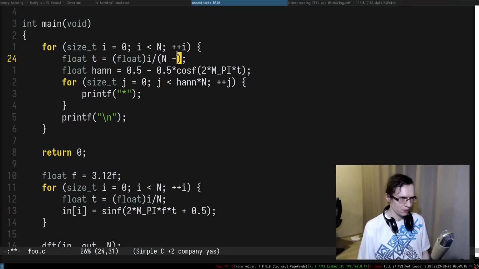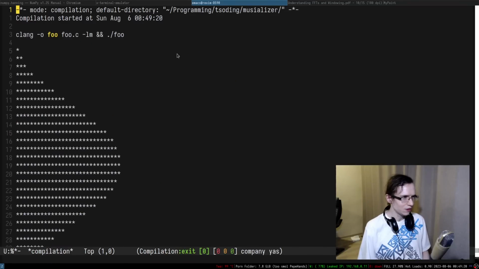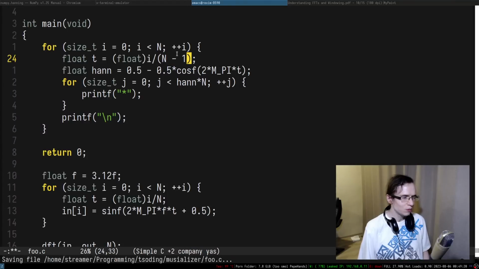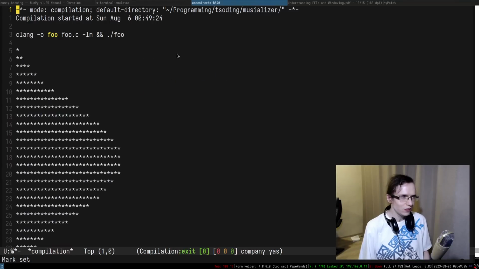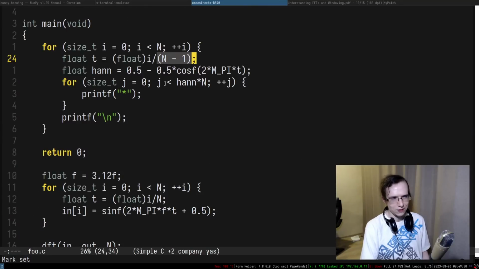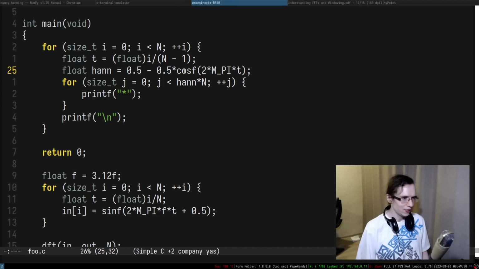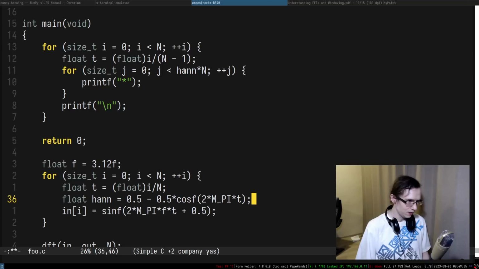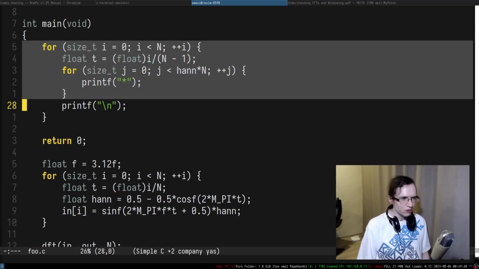I feel like it doesn't. I don't really understand what this -1 is about. So in that case, we can just use Hann and multiply it like this. I think it's fine.